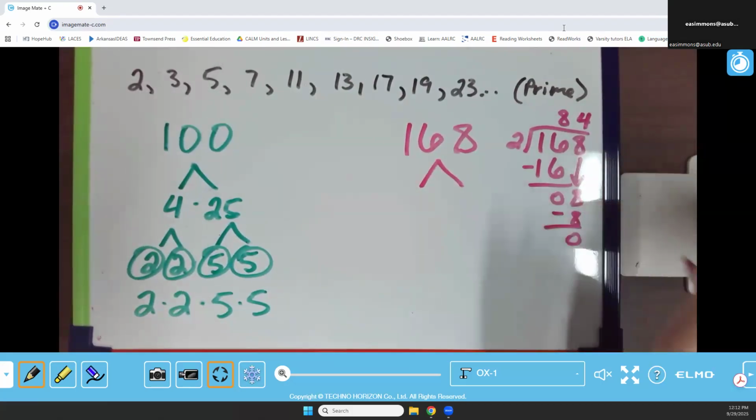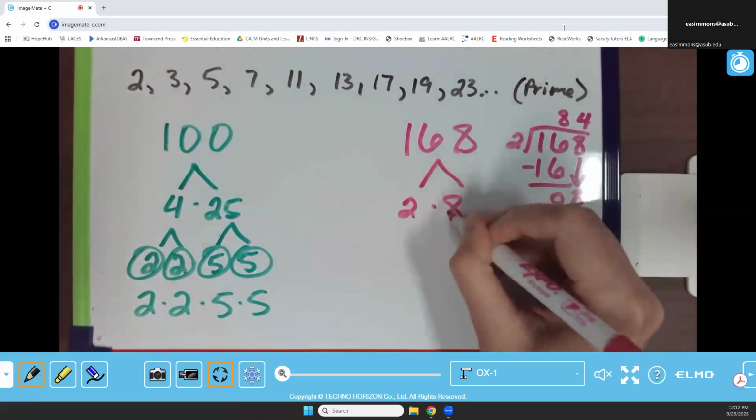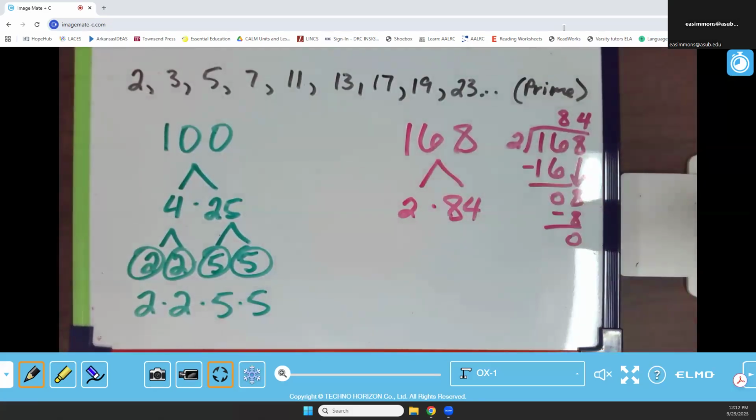So we're left with a remainder of 0. 2 times 84 is 168. And now we can circle our 2 because it's prime.